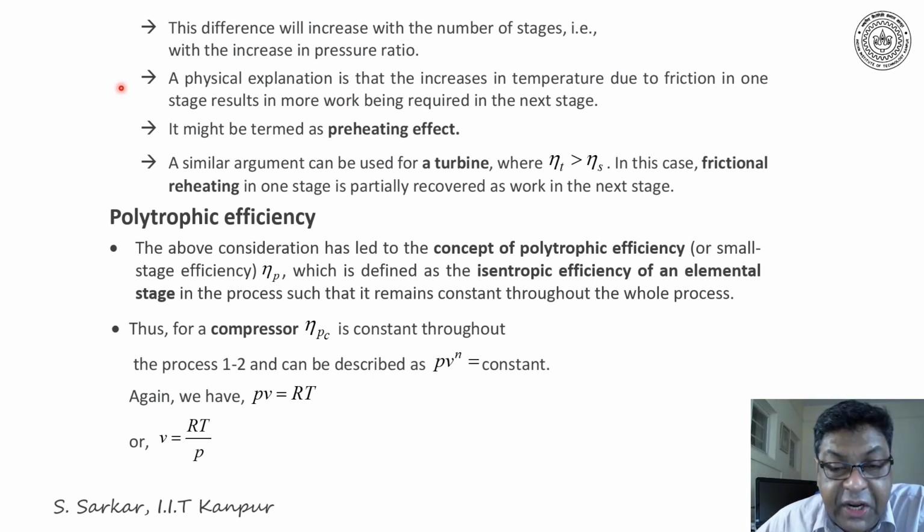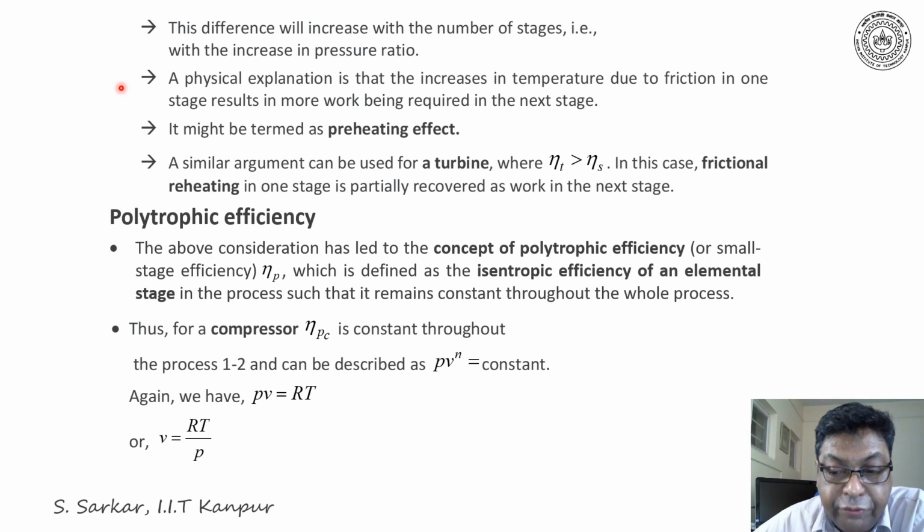The physical explanation is that the increase in temperature due to friction in one stage results in more work required for the next stage, and it might be termed the preheating effect.